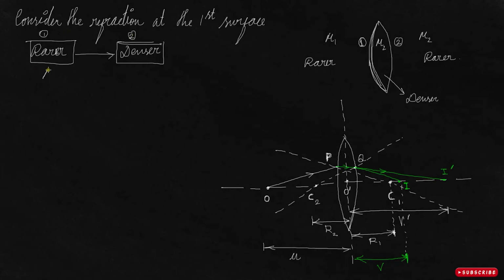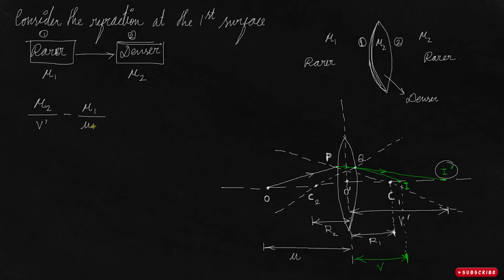And we know the refractive index of the rarer medium is mu1 and the refractive index of the denser medium is mu2. Now the shortcut is, first you take the right side, it is like this: the refractive index of the second medium by the distance in the second medium. For the first surface the image is formed here, I dash, so its distance is v dash, minus the refractive index of the first medium by the distance in the first medium, which is u.